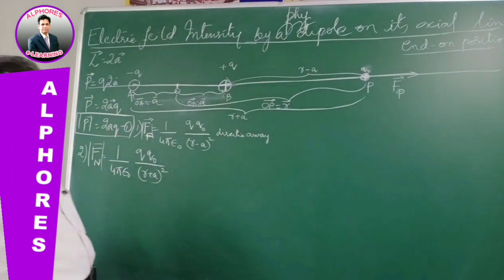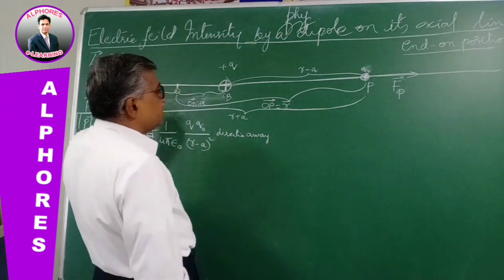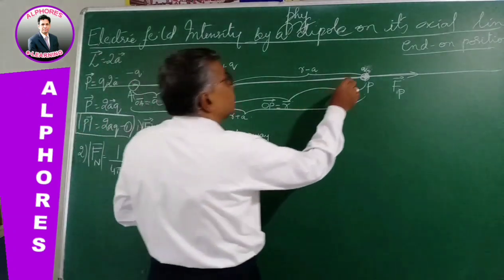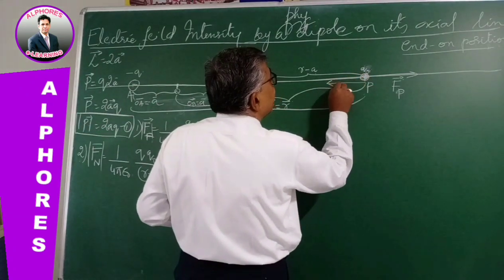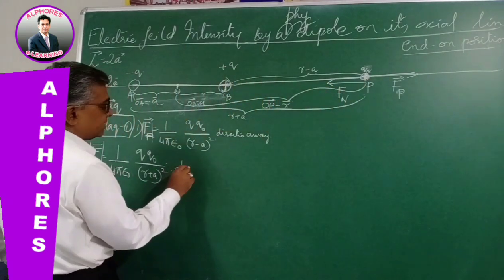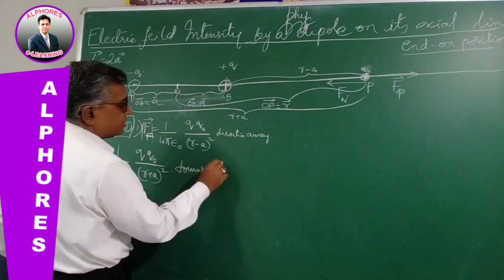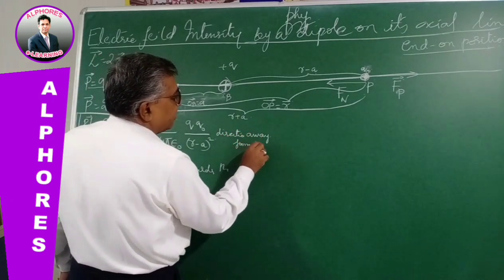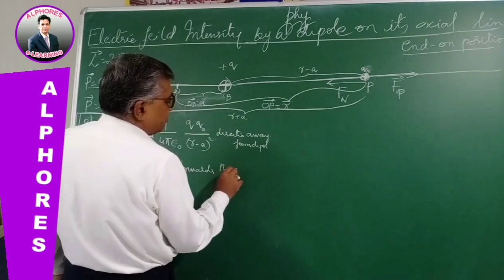This is the magnitude of the force. But this is a negative charge and the test charge is positive, and a negative charge attracts a positive charge. So on the test charge, the force due to the negative charge, Fn, is in this direction, towards the dipole. Here the direction is away from the dipole, and this one is towards the dipole.